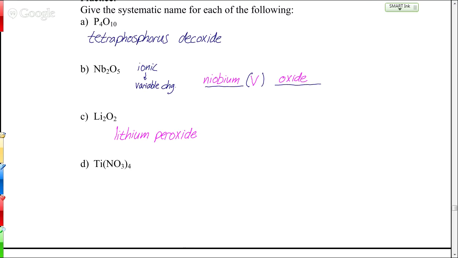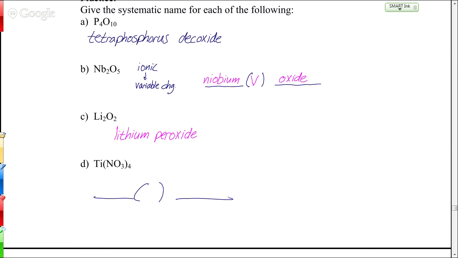All right. And the last one before we take a break, Ti(NO3)4. First of all, is it going to be ionic or covalent? It's ionic because of that titanium. That's Ti, titanium. And does titanium have a fixed charge or variable? Variable, being in the middle. So that's going to be another one like we just saw, where we've got this, parentheses, and then this.